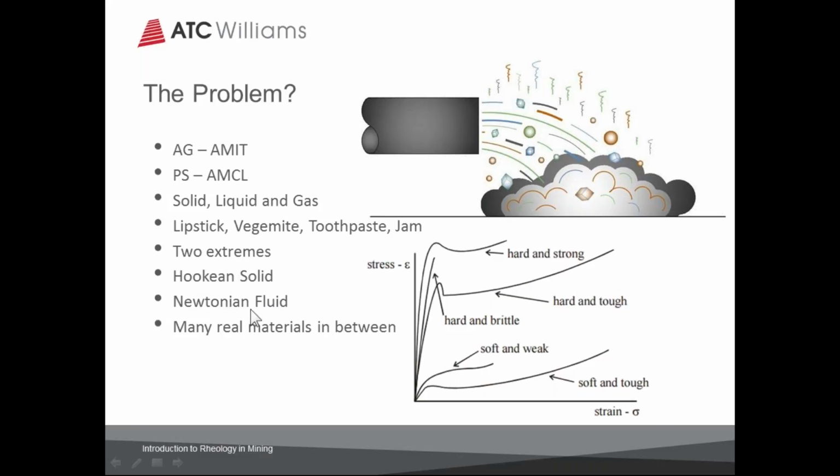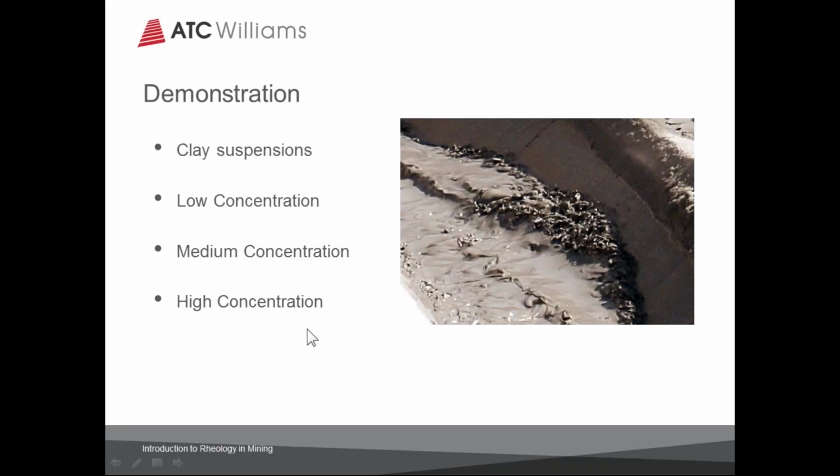And if we have a Newtonian fluid, then that's a well-behaved fluid. Many materials lie in between. If we take a material, even materials like steel, and we stress them far enough, they will actually become plastic and start to flow. And this combination of solid and liquid materials is something we're going to have to deal with.